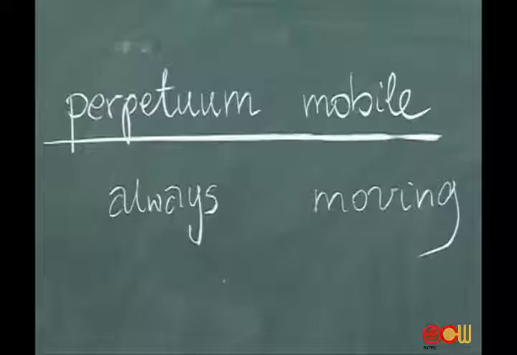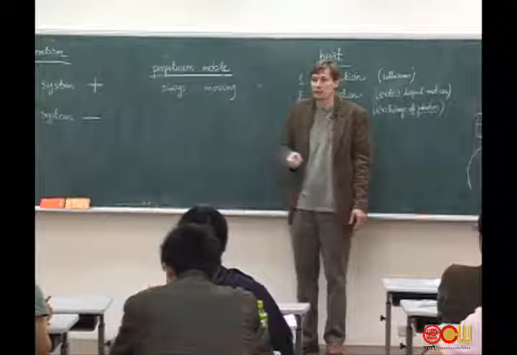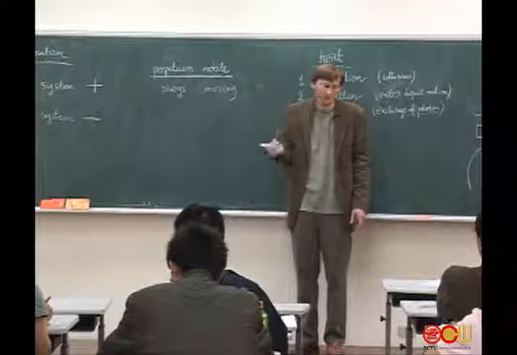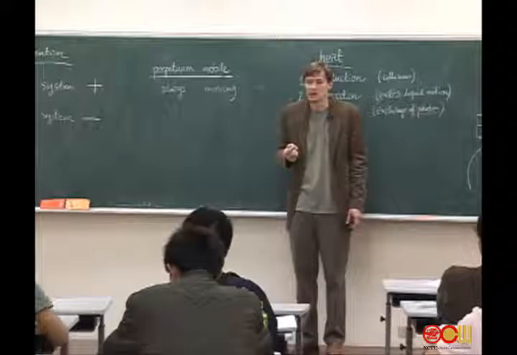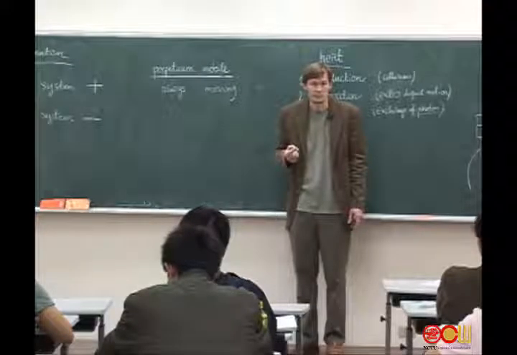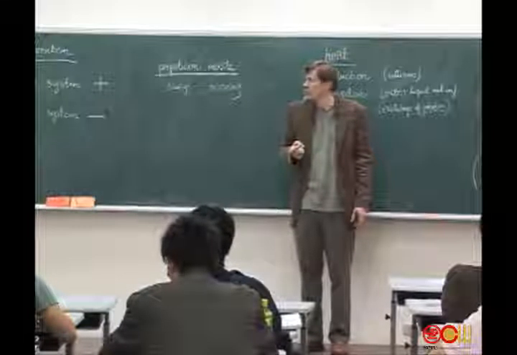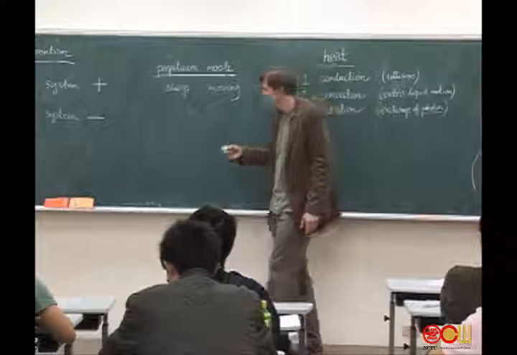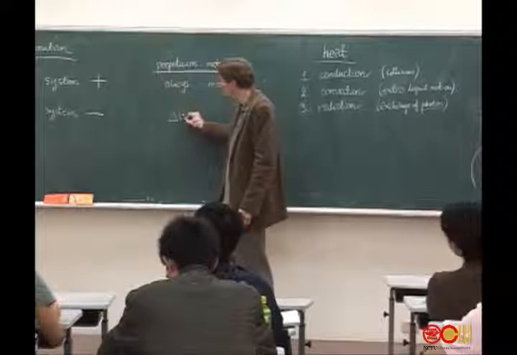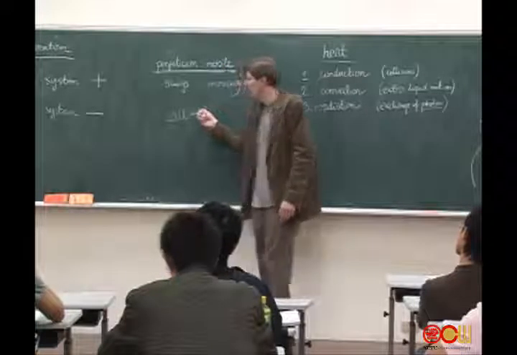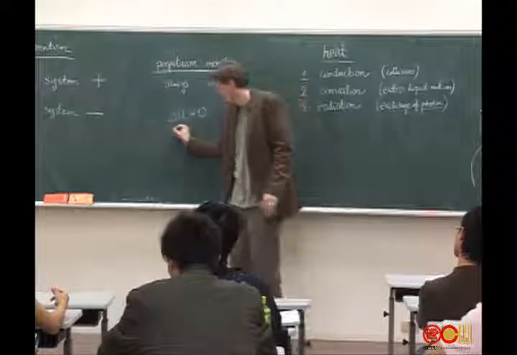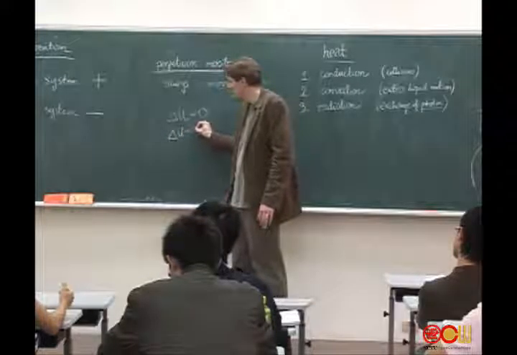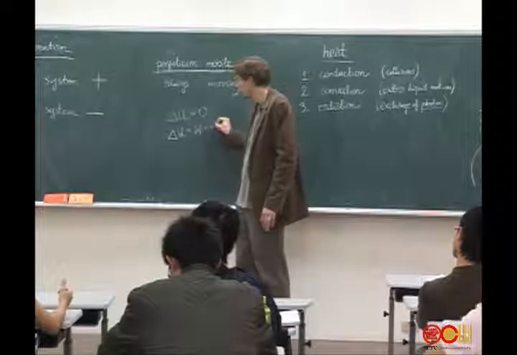So many hundreds of years were spent by physicists looking for perpetuum mobile, a system that you can push and it will always be working. But finally, the first law of thermodynamics shows that there cannot be such a system. Because for every movement, you know that the change in internal energy is either zero, but then there is no moving at all, everything stays quiet, or the change in the internal energy is the work plus heat.